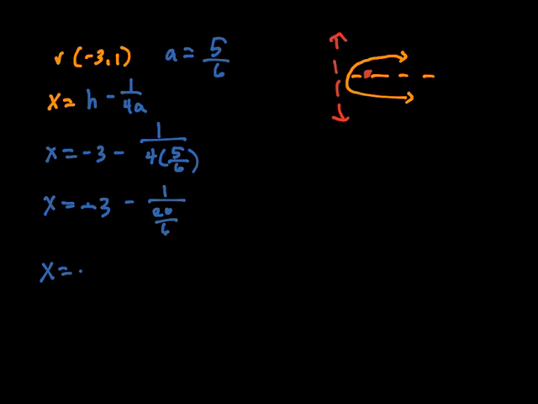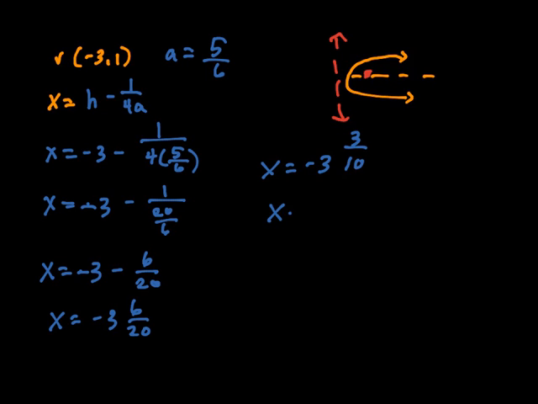So x equals negative 3 minus 6 over 20. So x equals negative 3, 6 over 20, and x equals negative 3, 3 over 10, or x equals negative 33 over 10.